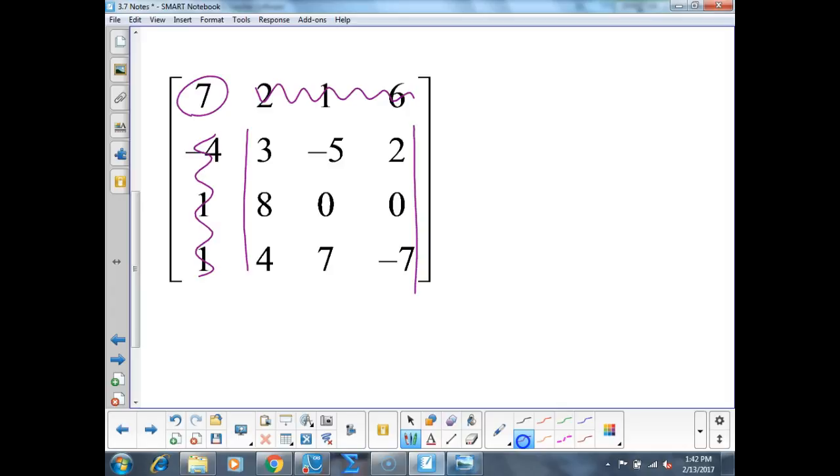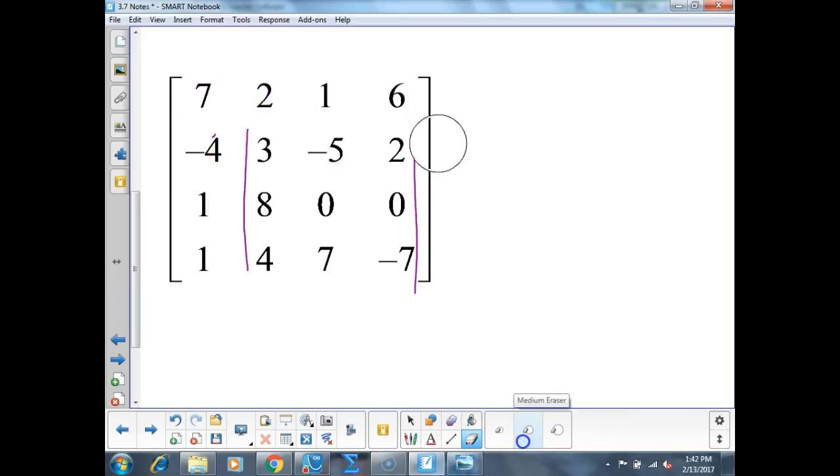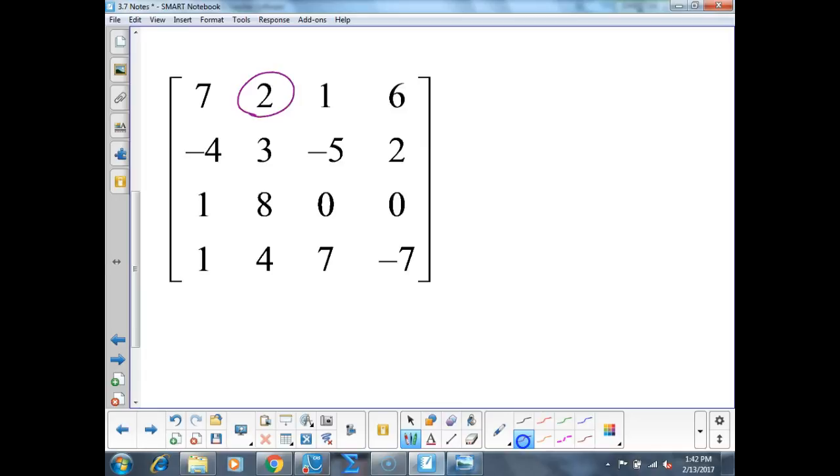Then I'm going to subtract off 2 times that. You pick any row, it'll work with any row. And then you find the value of the remaining 3 by 3. This one would be easiest to do, with the zeros in it.